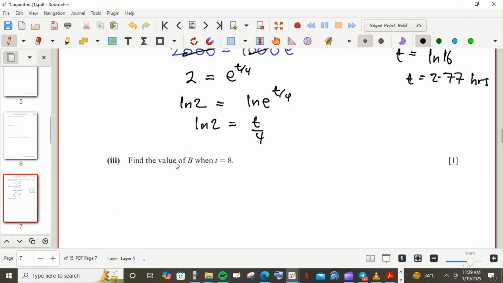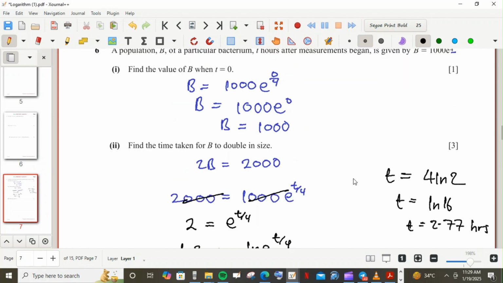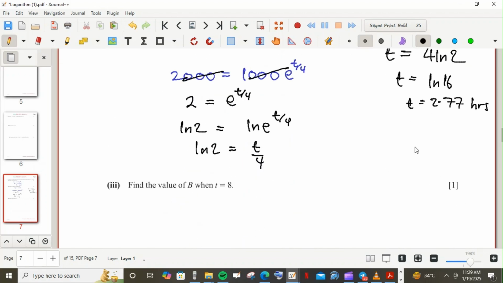Find the value of b when t is 8. Not difficult at all. That's why it's 1 mark. When t is 8, so you're going to have 8 over 4. So this will give you e to the power 2.